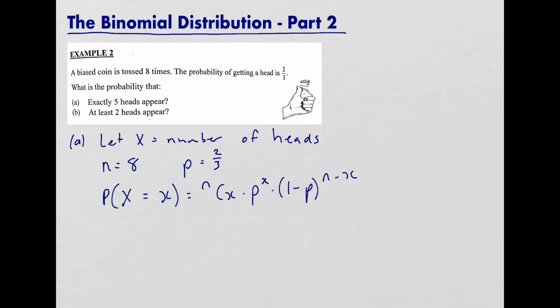So we're going to have the probability that X is 5, and we're going to have 8 choose 5 times 2/3, that's the probability of success, to the 5, times 1/3, remember, 1 minus p, to the power of 3. Remember those two exponents, the 5 and the 3, must add up to 8.